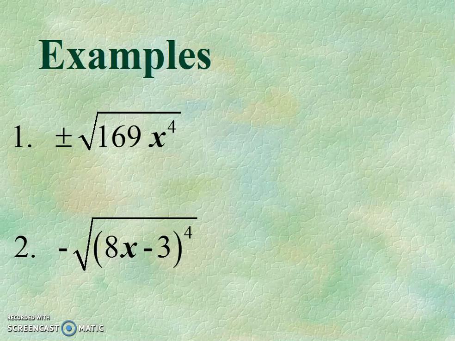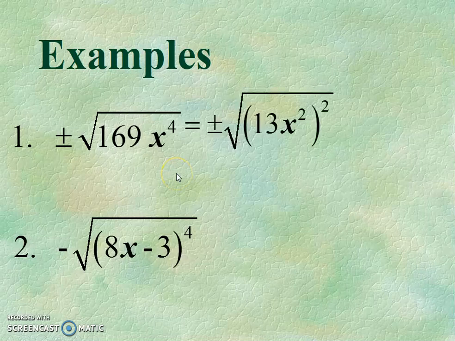So we're going to look at an example. So the positive or negative square root of 169 x to the 4th. So I know it's a square root because there's no index written, so we assume it's a 2. There's two ways to look at this. We can write this as 13x squared, that entire thing squared.